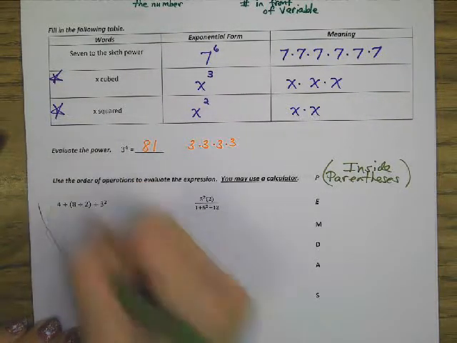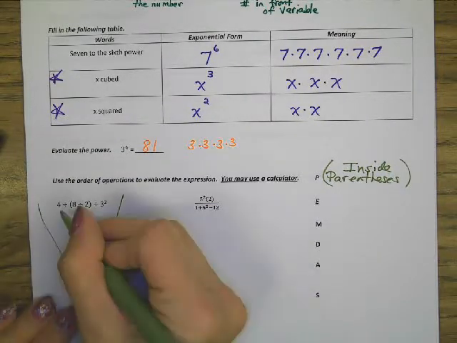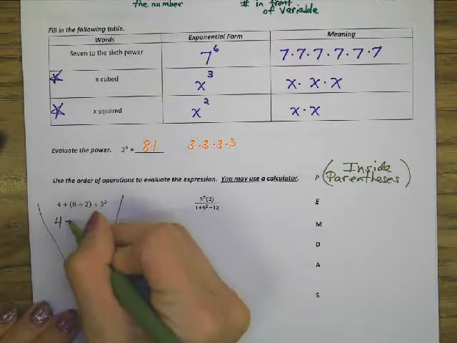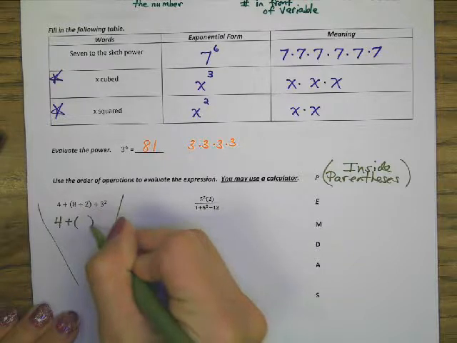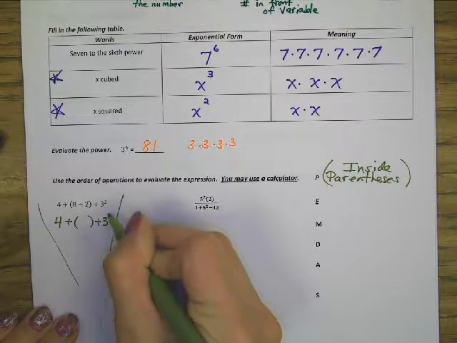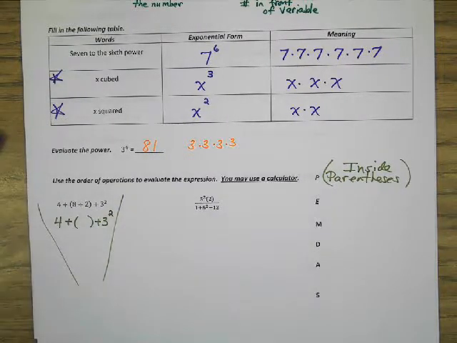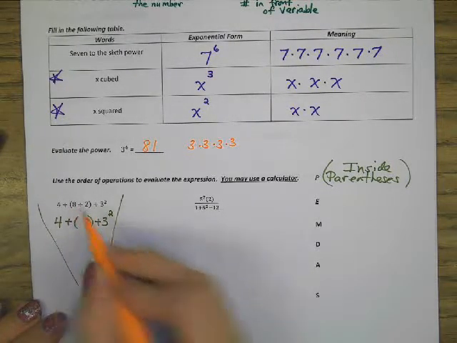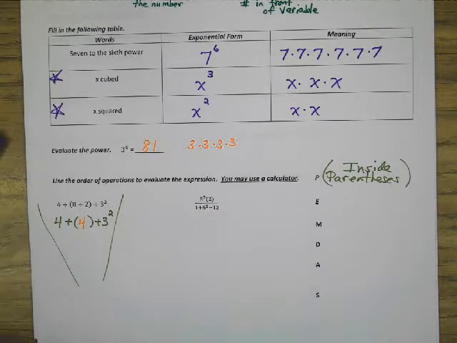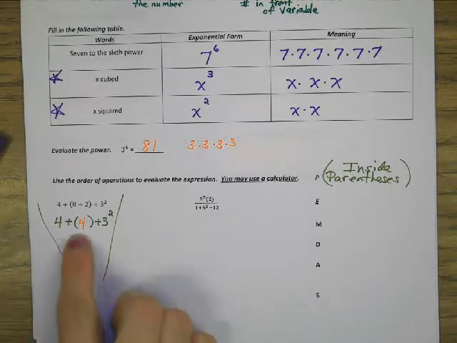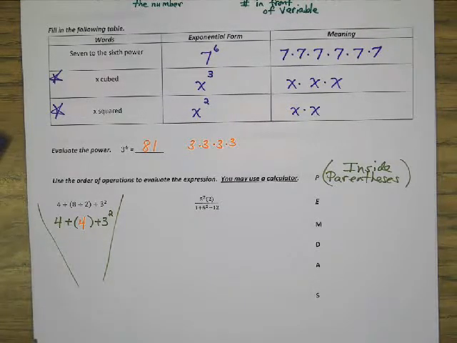Remember how these look like little triangles? Smaller, smaller. So you still have the 4 and the plus sign. I'm going to write the rest of the problem. But inside parentheses, I have to do 8 divided by 2. And that just makes a 4.